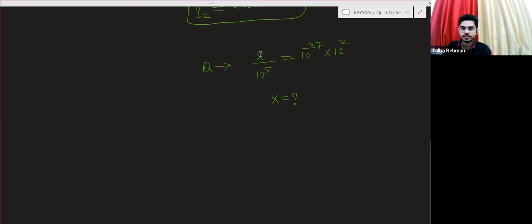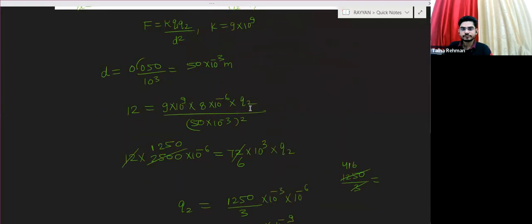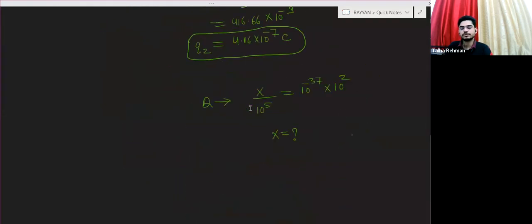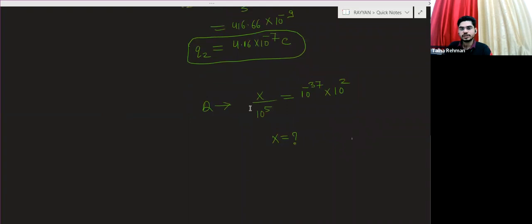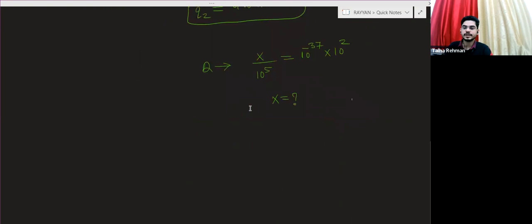If you don't know this power calculation, then these questions are very difficult for you to solve, because in this question there is a whole game of power calculation. Okay, just wait, I am solving.